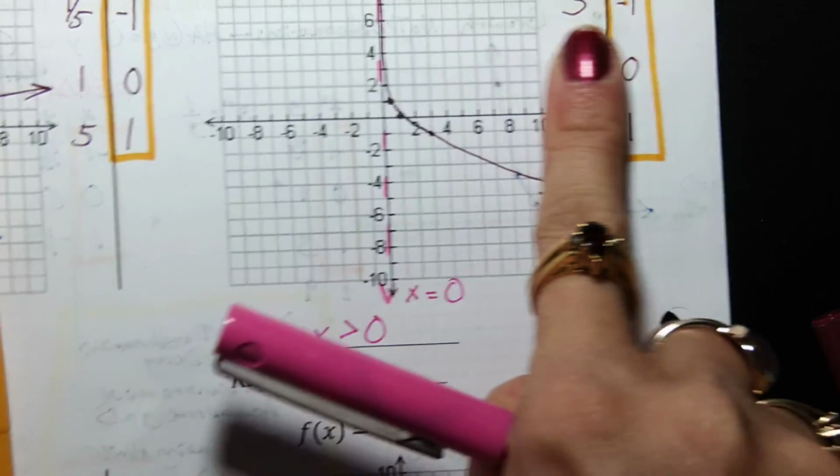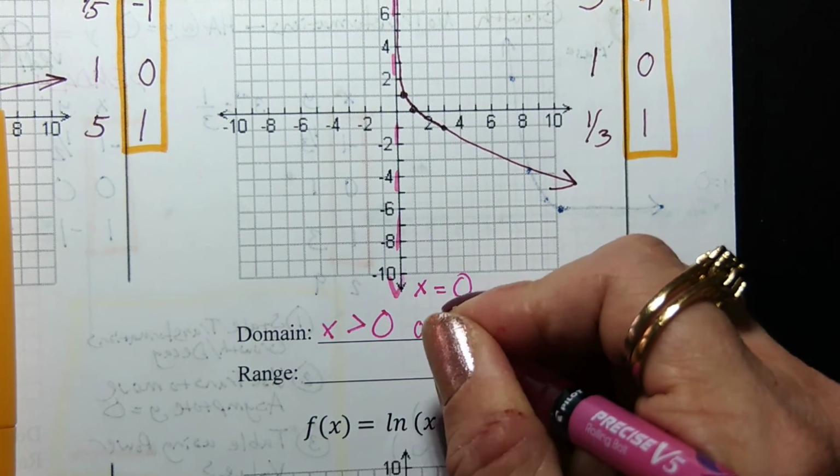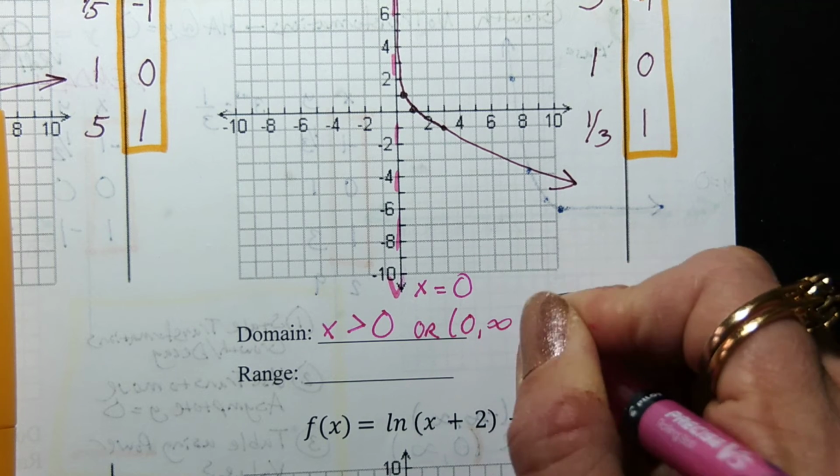We're covered to the right of the asymptote. Or if you wanted to do interval notation, parentheses 0 to infinity.